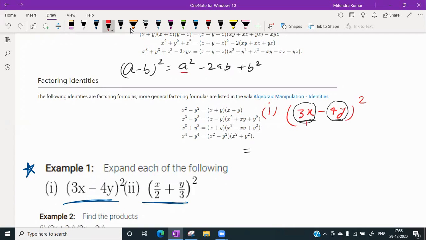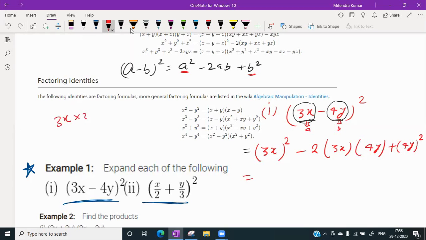This is like a and this is like b. So instead of a, you have to use 3x. Write down 3x whole square minus 2(3x)(4y) plus this is b square, that means 4y whole square, and solve them.